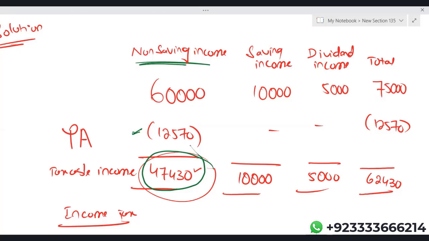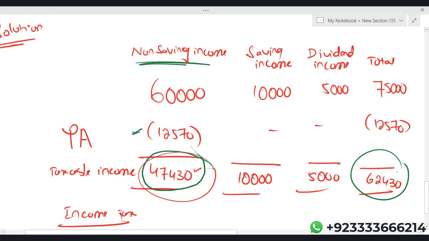Number two. Now let's check the nil rate band for the saving income. We know that when an individual is a basic rate taxpayer, the applicable nil rate band is 1,000. When an individual is a higher rate taxpayer, the applicable nil rate band is 500. In case of an additional rate taxpayer, no nil rate band. Now, how do we decide the taxpayer status? Look at this, the last column, the total column.